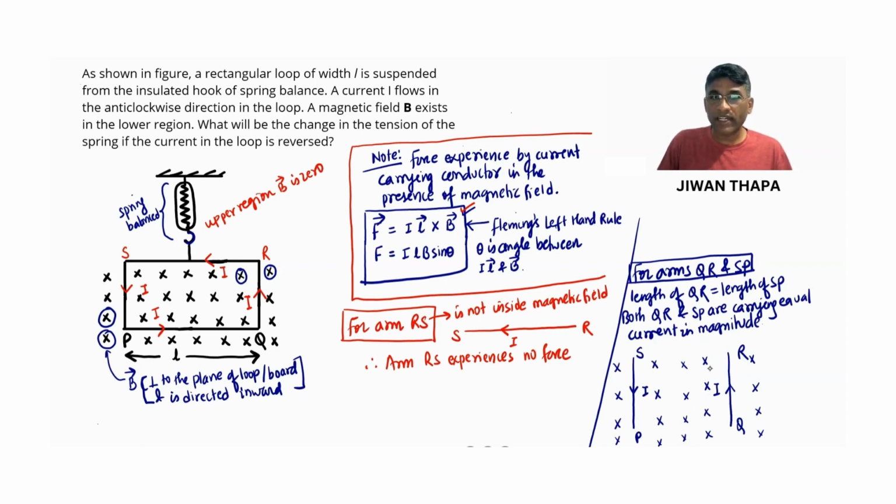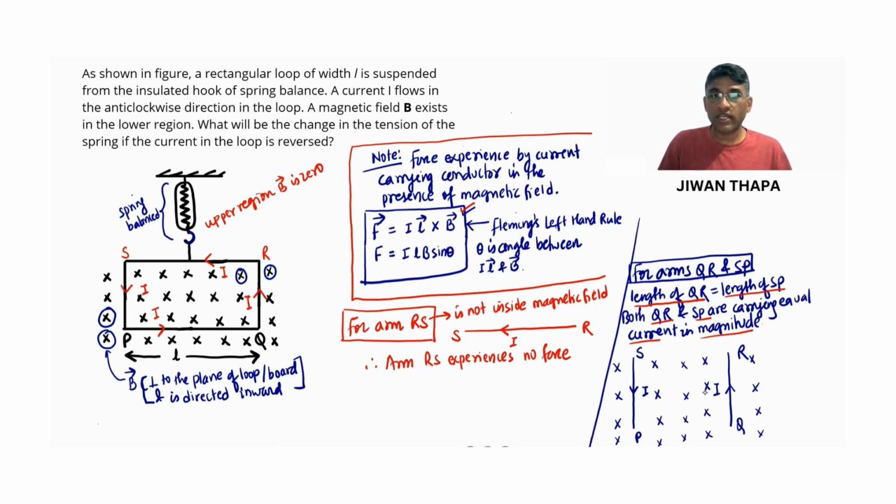What is the magnitude? Since the length of QR equals the length of SP, and they carry equal current in magnitude, the magnitude of force experienced by arms QR and SP is the same. They experience the same amount of force in magnitude.